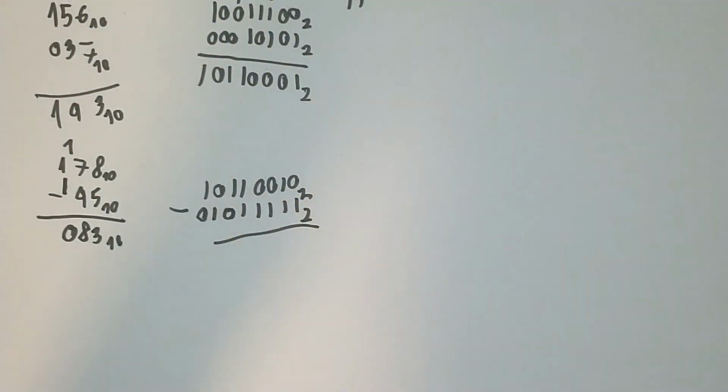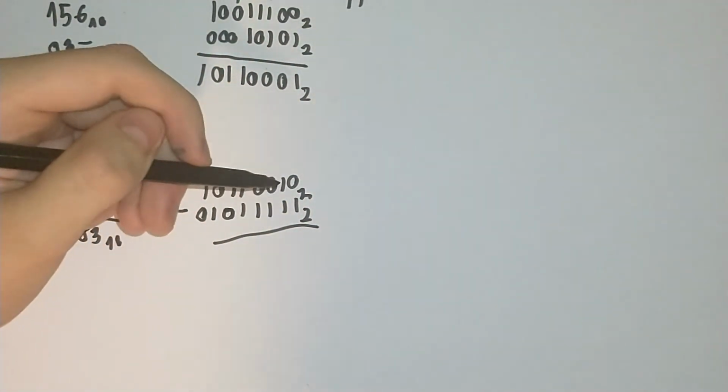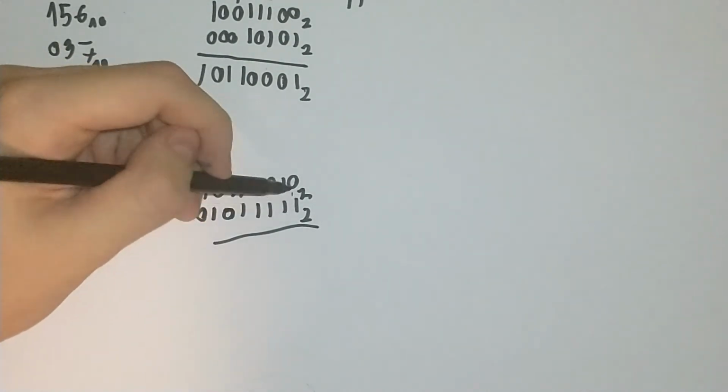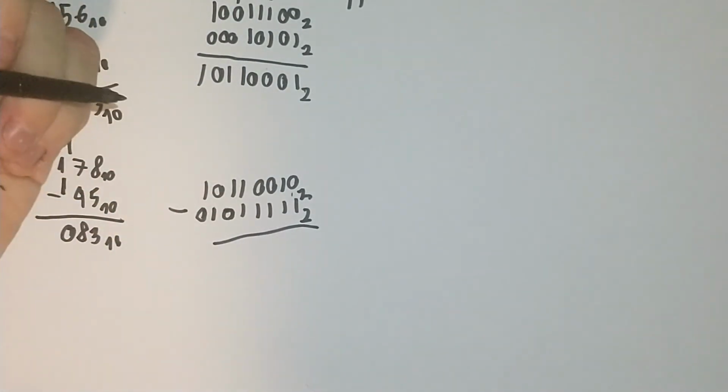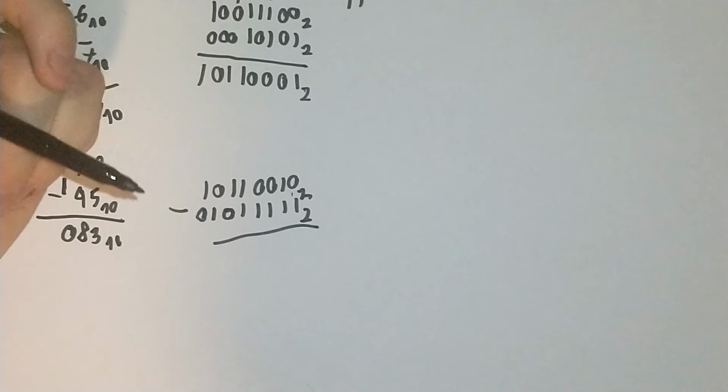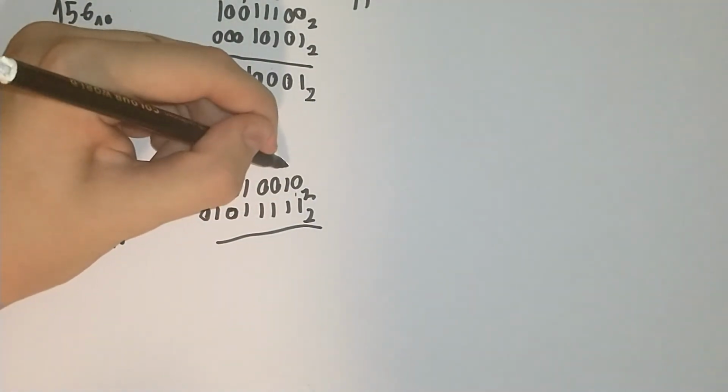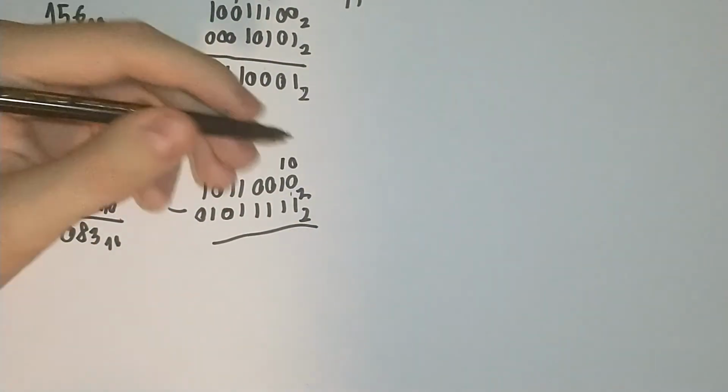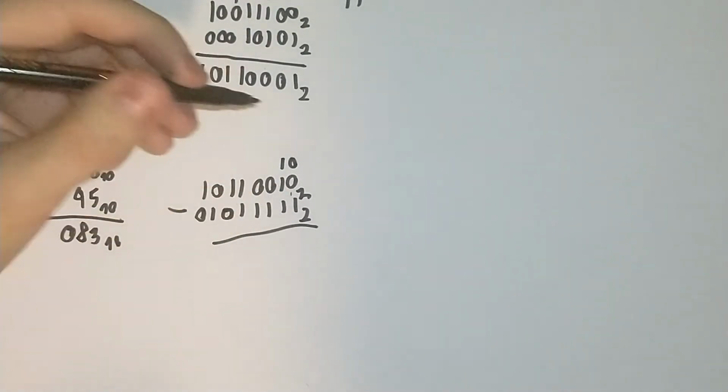I will do minus, and then we use this method. Since we cannot subtract 1 from 0, we would get a negative number. So we basically write 2 over here, and then we subtract 1 minus 2, which is 1.